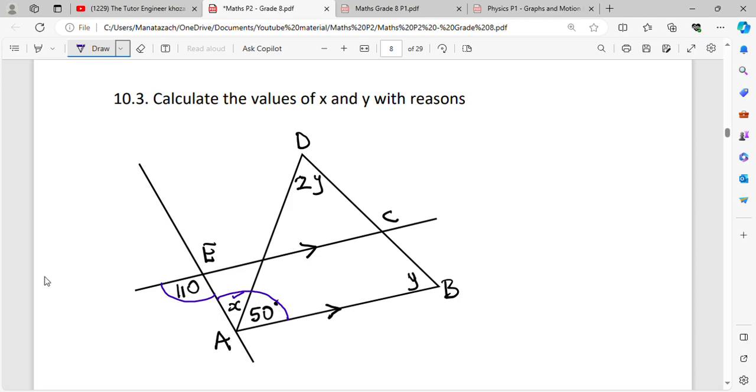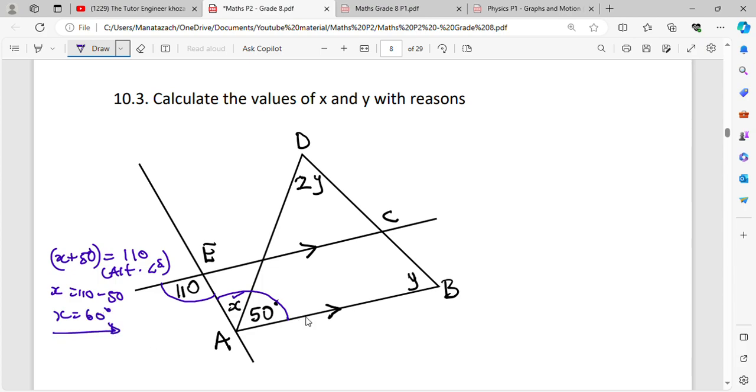So x plus 50 as a whole is equal to 110. The reason would be alternating angles, right? So solving for x, from here you'll have 110 minus 50, meaning x is 60 degrees.